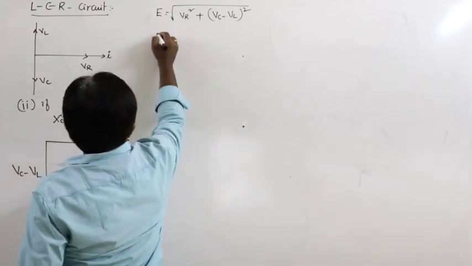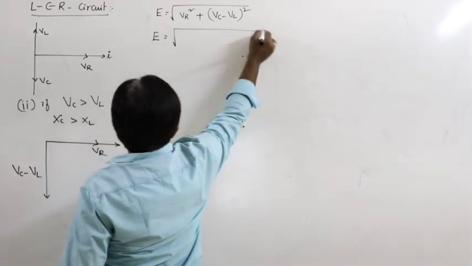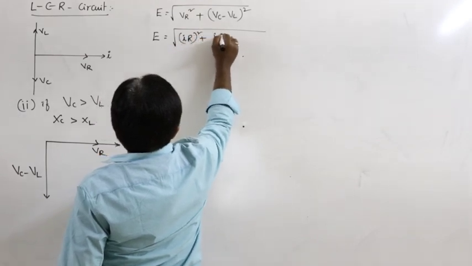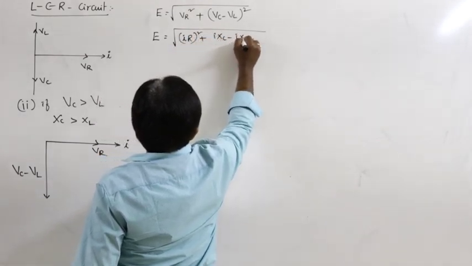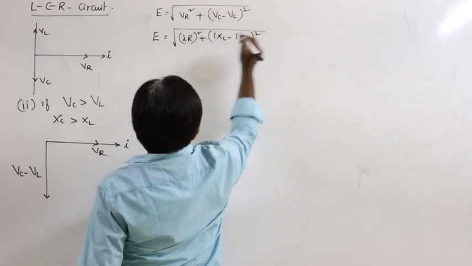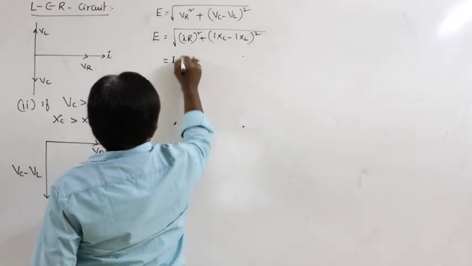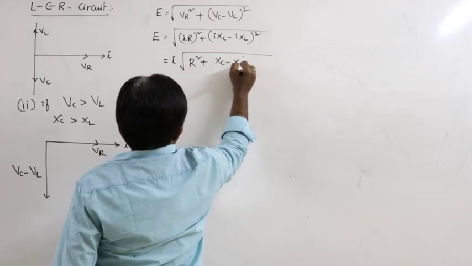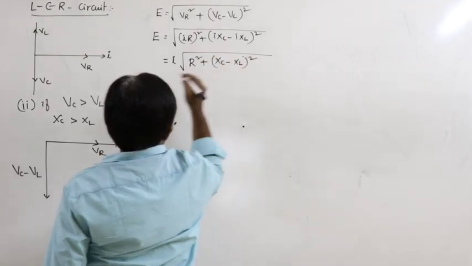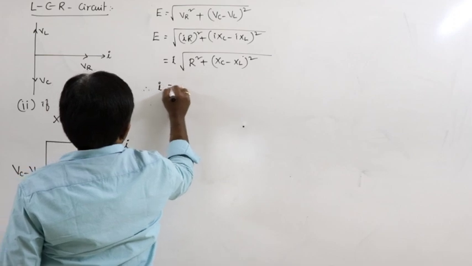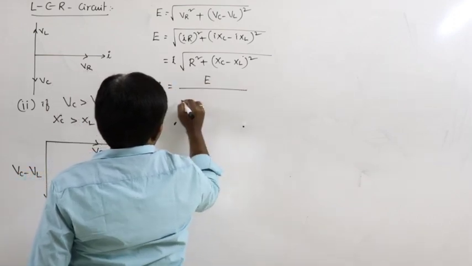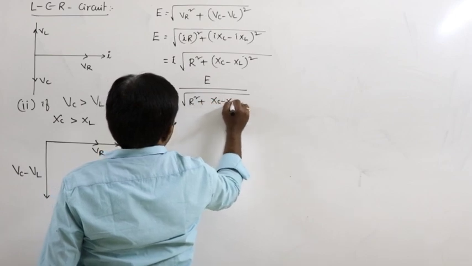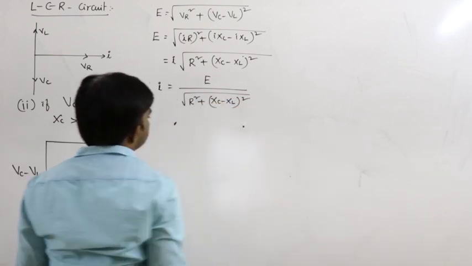So from this, E can be written as under root IR whole square plus IXC minus IXL whole square. I comes out: I times under root R square plus XC minus XL whole square. Therefore I is equal to E by under root R square plus XC minus XL whole square.